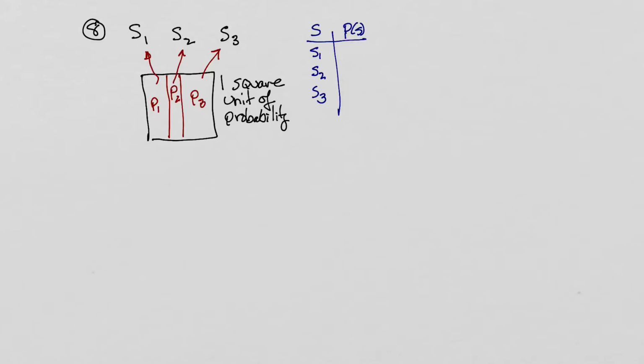These numbers are probabilities, so for each one of these S's, this has to be true: 0 is less than or equal to the probability of that S, which is less than or equal to 1. These are numbers here. They can't be negative, because we're taking this much area out of here, and they can't be greater than 1 because in total we have 1 square unit. So each one of these numbers has to be between 0 and 1.